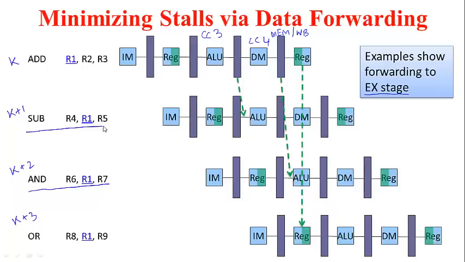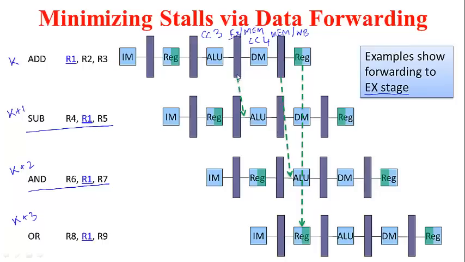For the sub instruction, we need the data in its third stage, which in this example happens to be clock cycle number 4. We realize that the data, which is of course yet to be written to the register file, is available in this EXMEM latch by the end of clock cycle number 3.